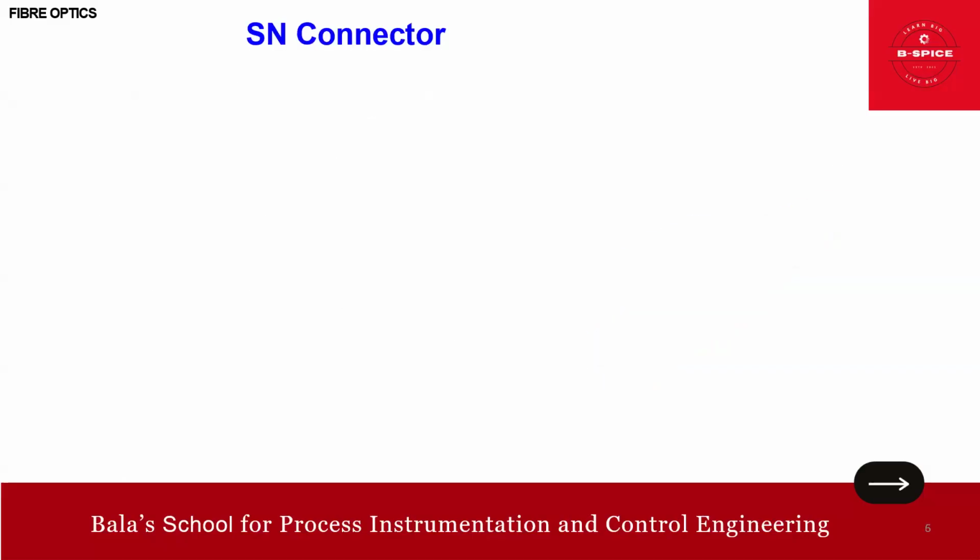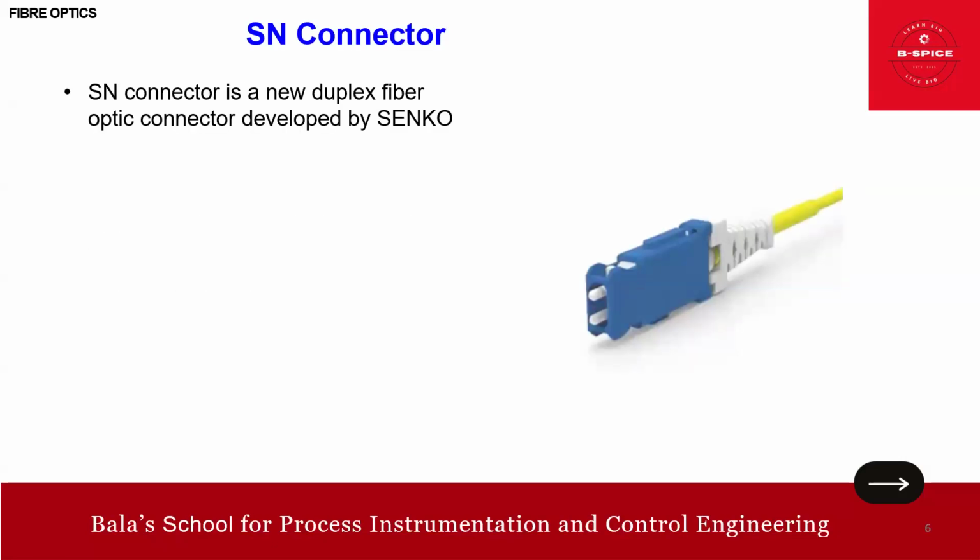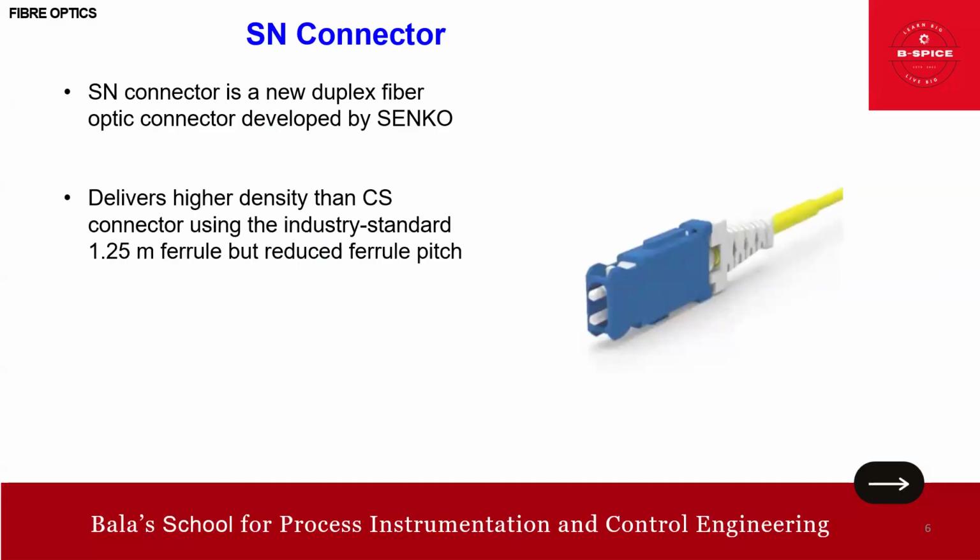Then we have the SN type. SN type is a new duplex fiber optic connector developed by Senko. This is the look and feel. It delivers higher density than the CS we discussed earlier, using the industry standard 1.25 mm ferrule.